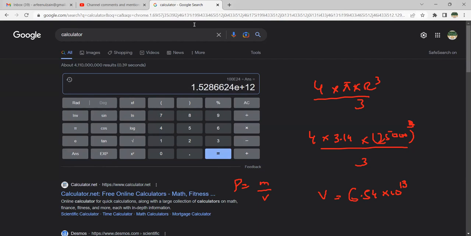That is equal to 1.5. So density is equal to 1.52 into 10 to the power 12 kilogram per kilometer cube. Is it clear? Yes, sir, clear. So the density is 1.5 into 10 to the power 12.